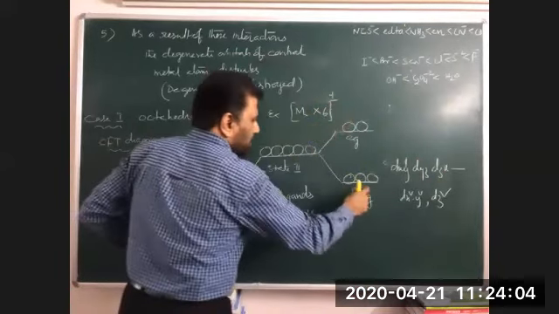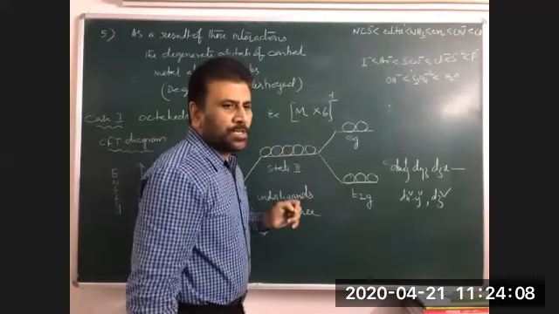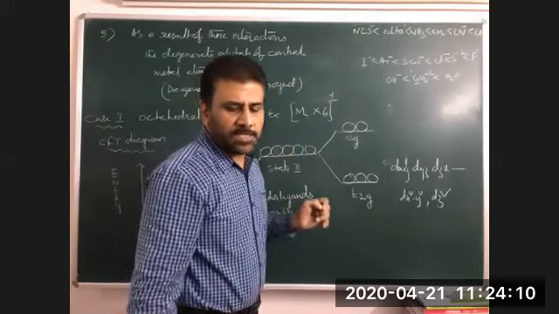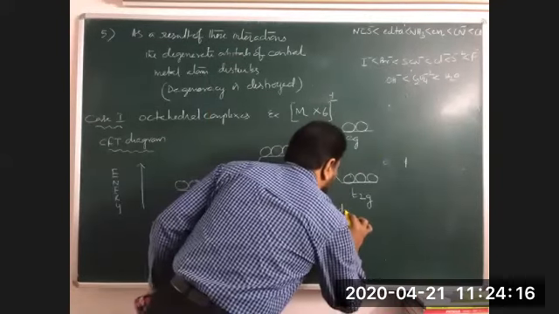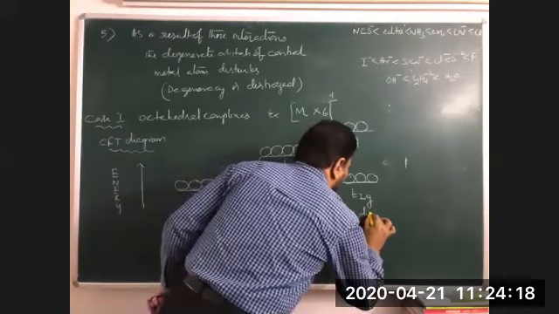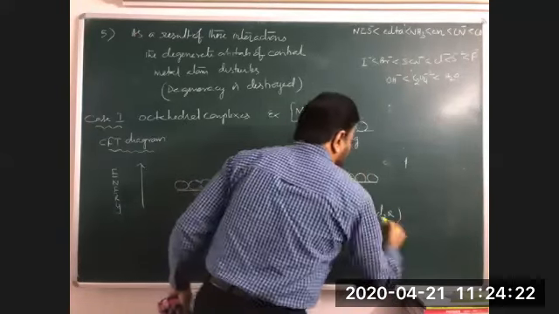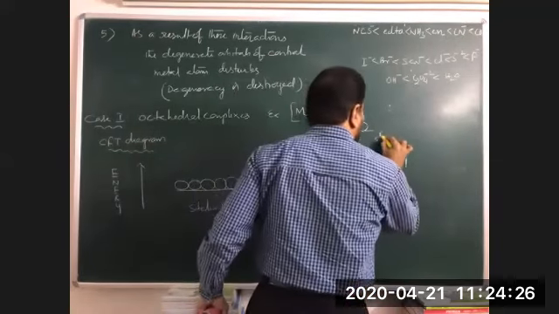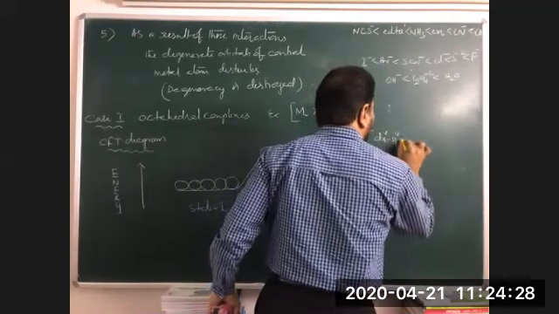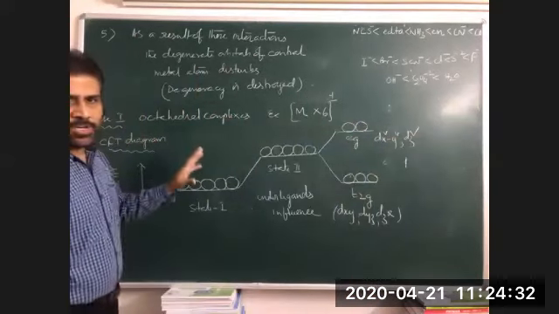T2G is nothing but 3-fold degenerate orbitals: dxy, dyz, dzx. EG are 2-fold degenerate orbitals: dx square y square and dz square. So this is the diagram you have to understand.